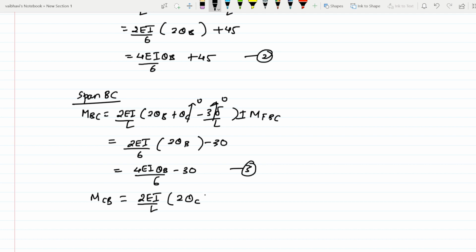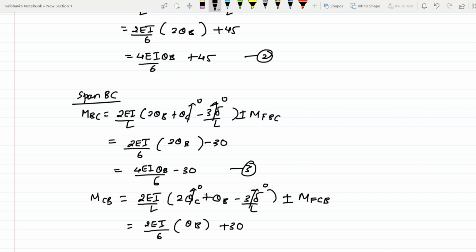First, there is a term C, so you have to write 2 theta C plus theta B minus 3 delta by L. Here you can see BC means 2 theta B plus theta C, like that, plus or minus MFCB, which is equal to 2EI by 6, theta C is 0, delta is 0, theta B plus 30, which is equal to 2EI theta B by 6 plus 30.